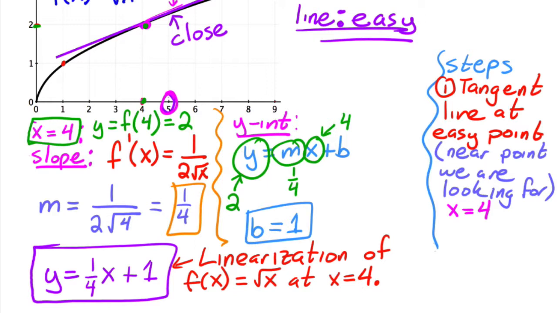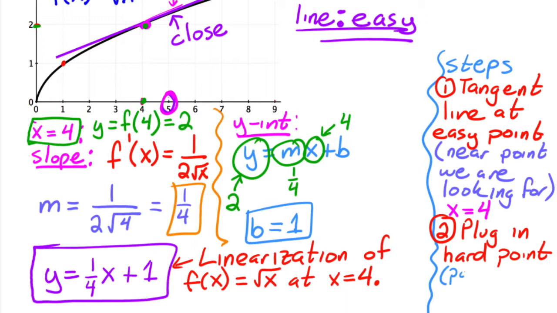Now to continue with my steps, my second step, once I found the tangent line, is to plug in what we're going to call the hard point. The hard point is the point we are looking for.